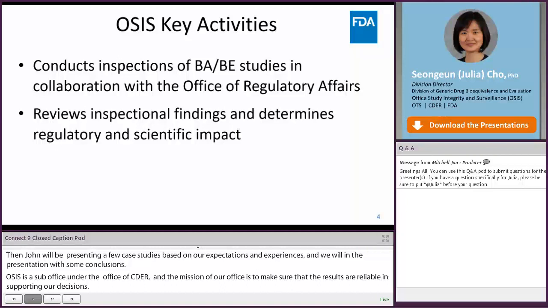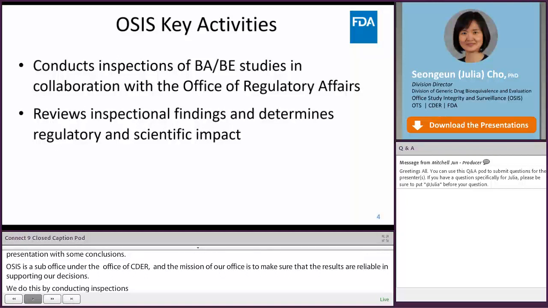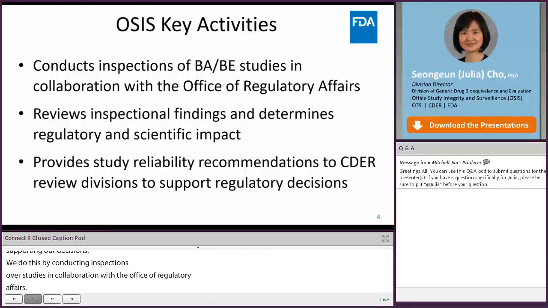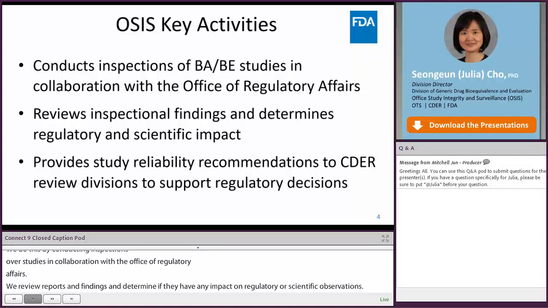We review inspectional reports and inspectional findings and determine if they have any impact on regulatory or scientific decision making. And based on our evaluation, we provide recommendations to CDER review divisions on whether the studies are reliable to support regulatory decisions, especially for those applications that were submitted.